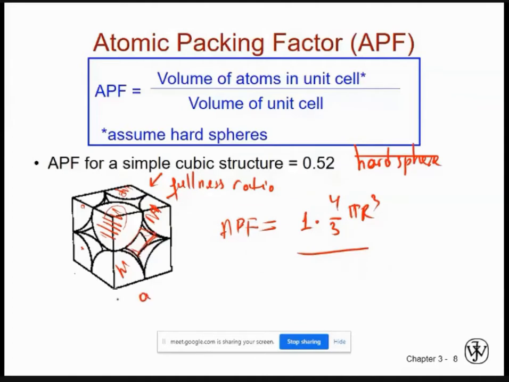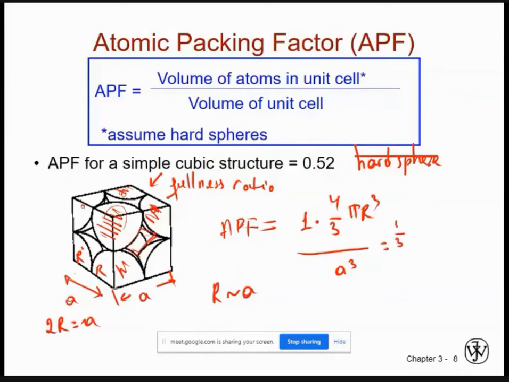If this side is A, the volume of the cube will be A cubed. Now we can make it simpler by creating a relationship between the radius and the side. If you see, this is one radius and two radius, and this equals A. So 2R equals A, and we can replace it.